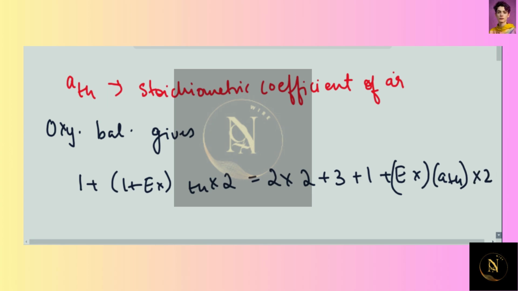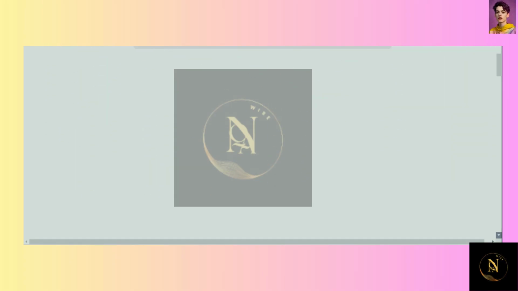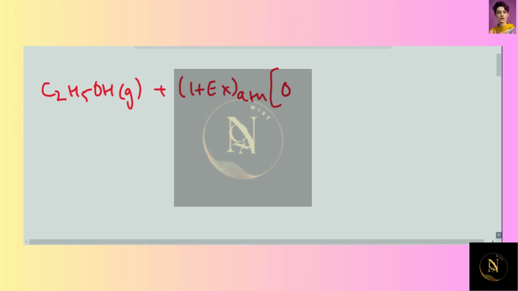Now, we are going to write down the reaction equation with products in equilibrium. So it goes C2H5OH gas plus (1 plus x) a_th O2 plus 3.76 N2 gives you, I'm writing the products in green color, a CO2 and so on, we are giving the variables here.